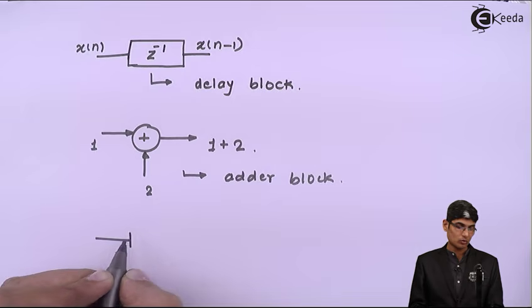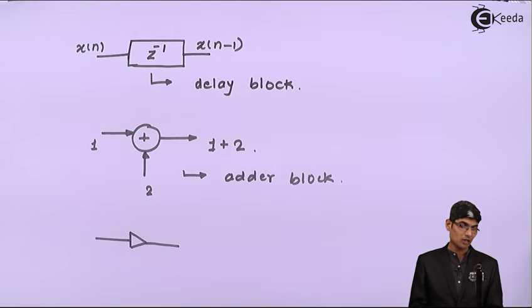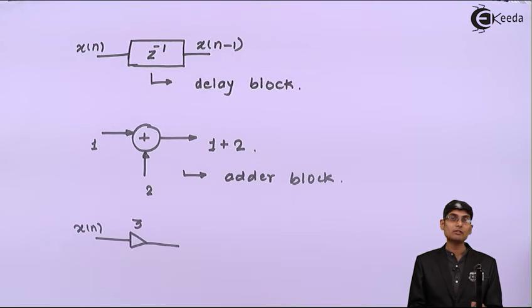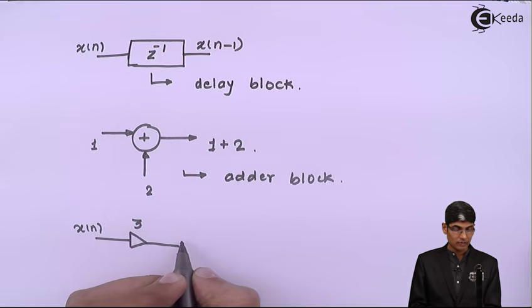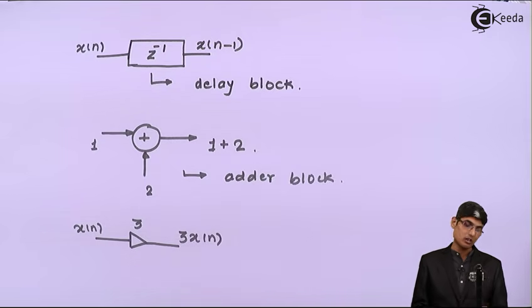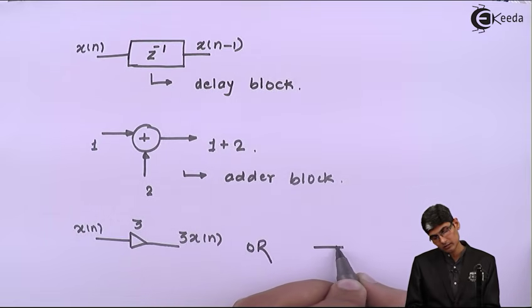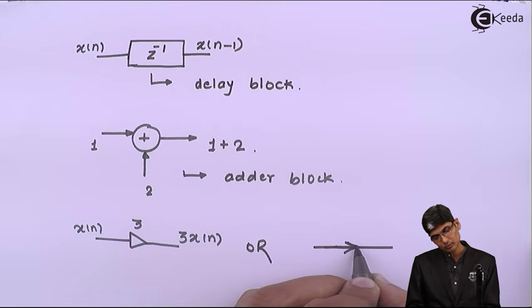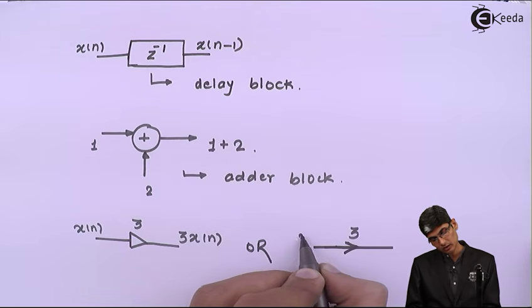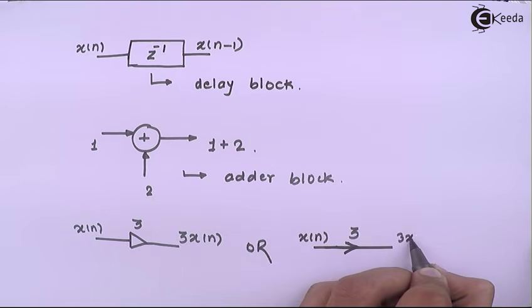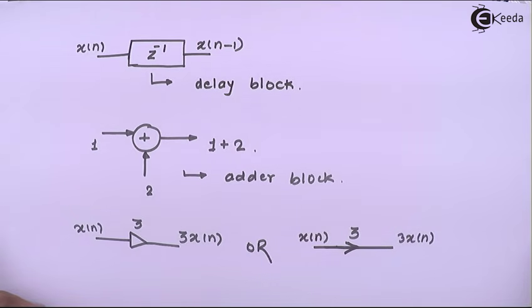For multiplication there are two basic methods. One is you can show an op-amp structure on a line. If you give x of n as input over here, and on the amplifier you show 3, then it will be 3x of n at the output. Or you can make a simple line on which you put an arrow, and on the arrow you put 3. If I give x of n, then this will again be 3x of n. Okay, so these are the multipliers.